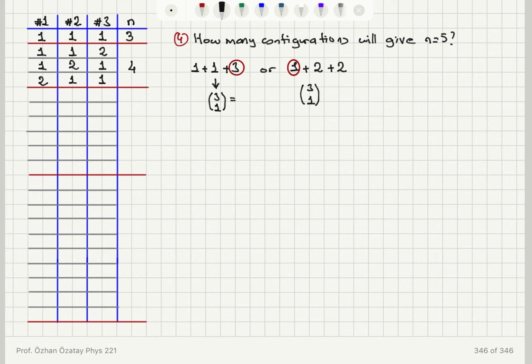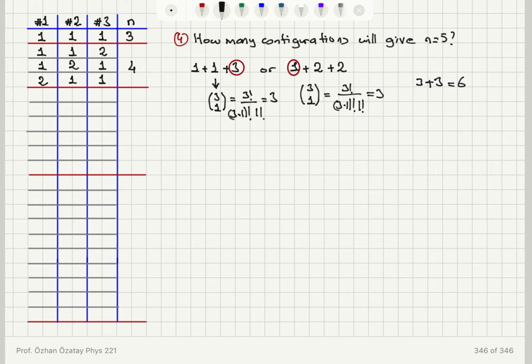So 3 choose 1 combinations, 3 factorial over 3 minus 1 factorial times 1 factorial, which is the same thing here, which will give me 3 or 3. So the answer is 3 plus 3 is 6 possibilities.